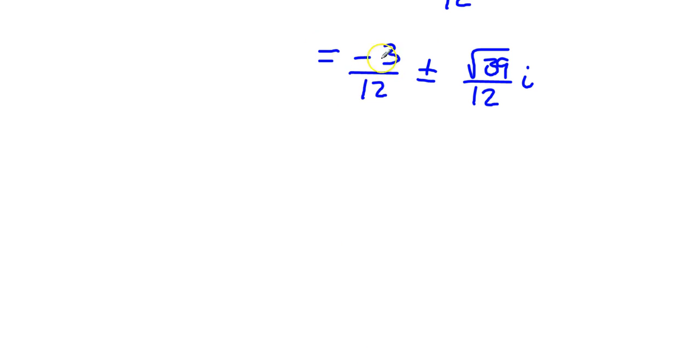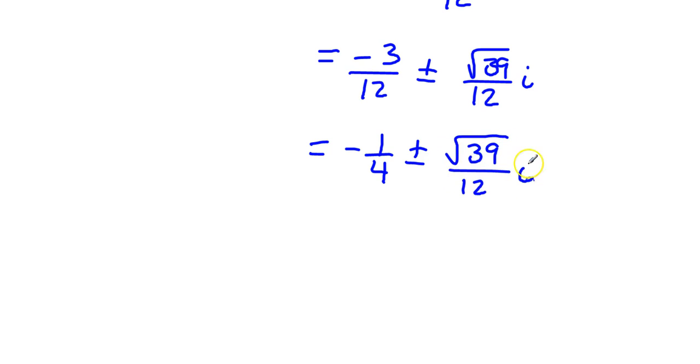Because you can simplify negative 3 over 12 and make that negative 1/4 plus or minus the square root of 39 over 12 and put the i term at the end of it. Okay, and again, that's where you would take it apart, rewrite it as negative 1/4 plus the square root of 39 over 12. The other one would be negative 1/4 minus the square root of 39 over 12.